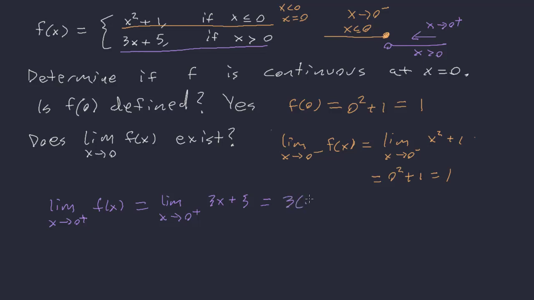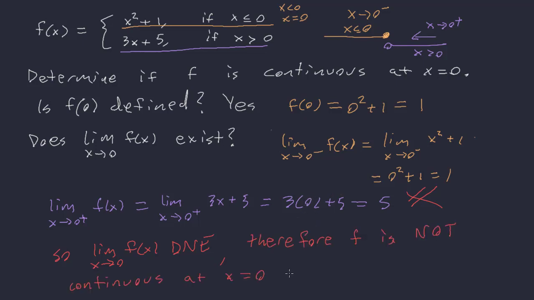So that'll be 3 times 0 plus 5, so we'll get 5. These don't match, so, right, there's no match. So the limit as x goes to 0 of f of x does not exist. Therefore, f is not continuous at 0.